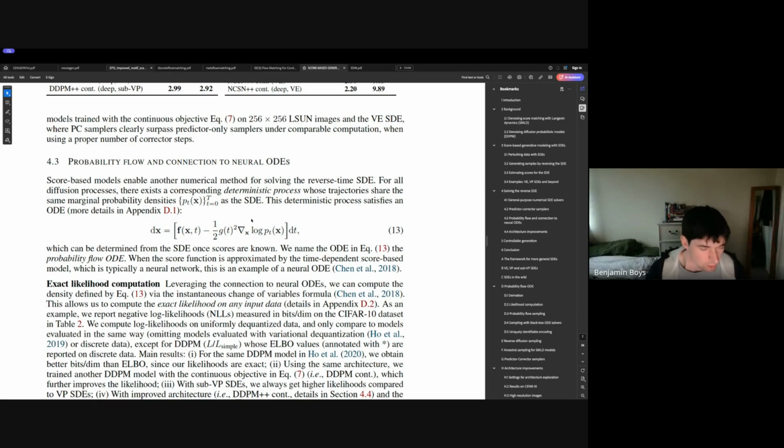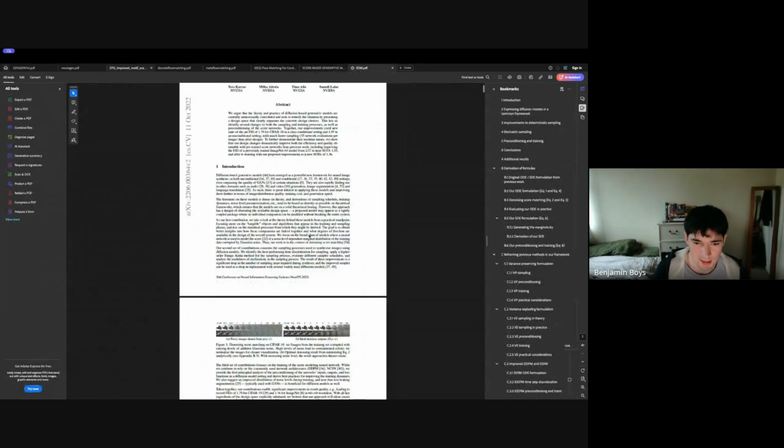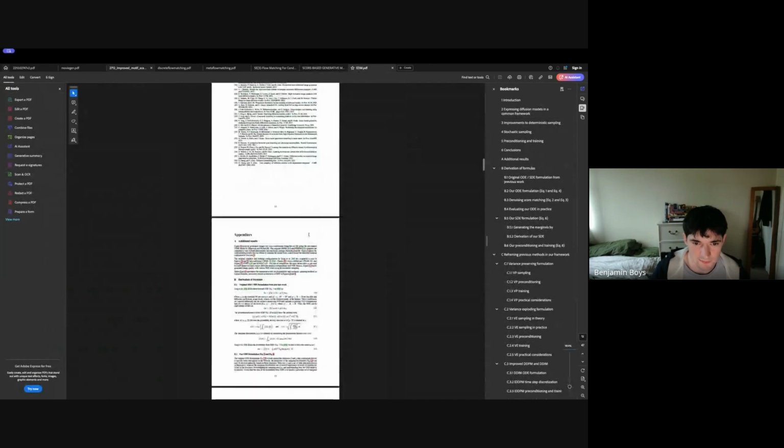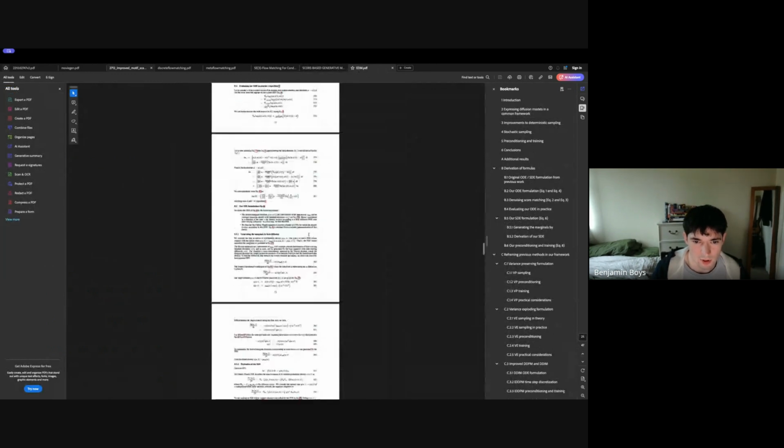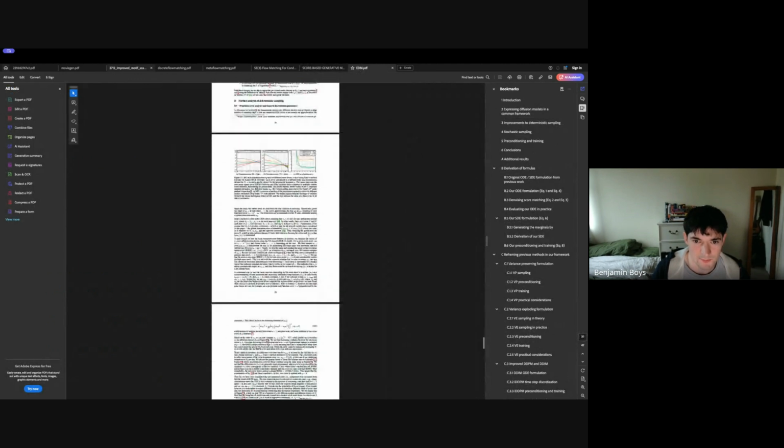It's kind of up for debate, I think. Some people say that ODEs are just better than SDEs. You should never use an SDE. I don't think that's the case, because with this paper from NVIDIA, Karras et al., you can see that they've done an experiment on this, and they found that some level of stochasticity to be useful.